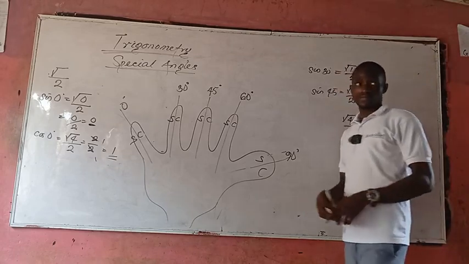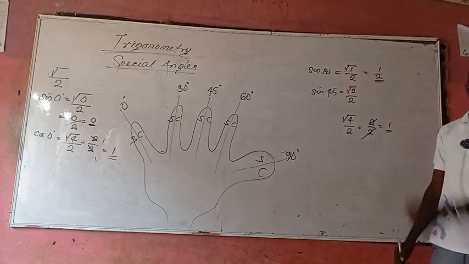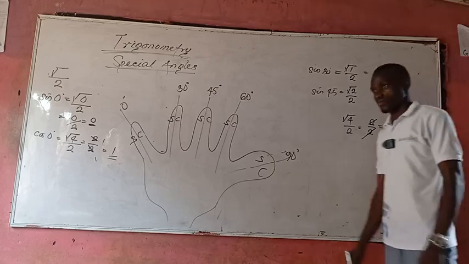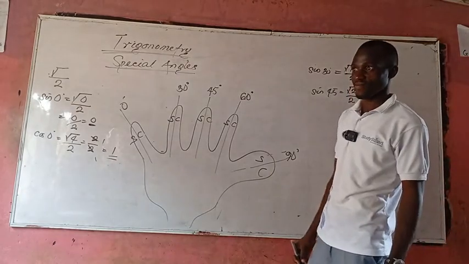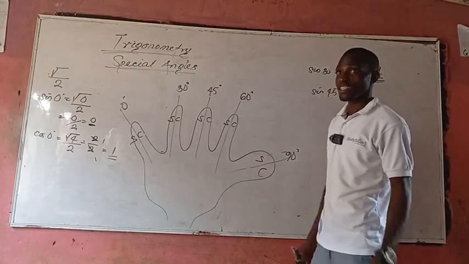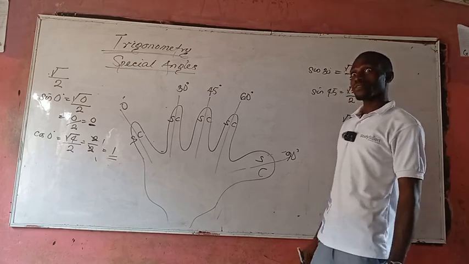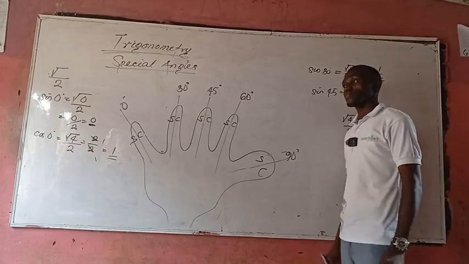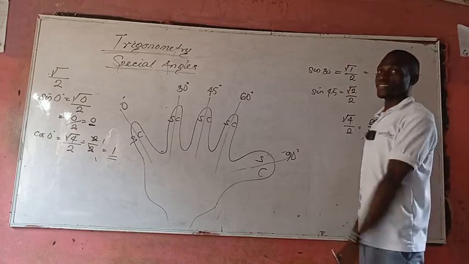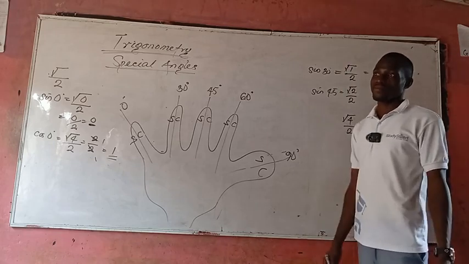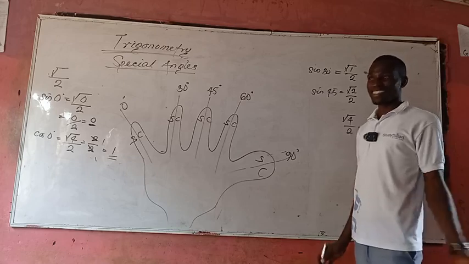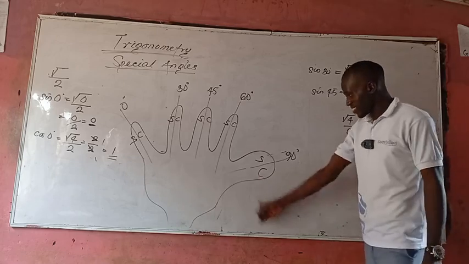Cos 30. Root 3 over 2. Cos 90 is 0. Once you are here, 0.